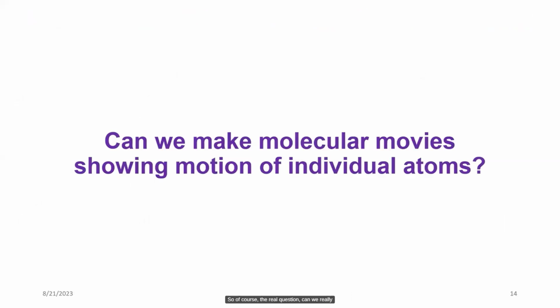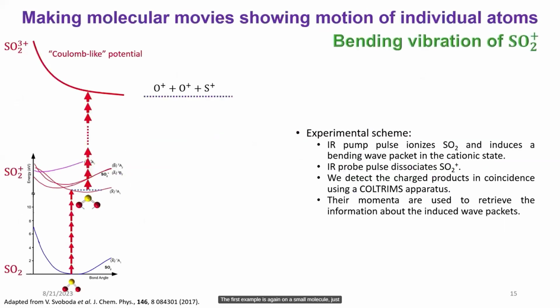Okay, so of course, the real question is, can we really make a molecular movie that shows the motion of the atoms within the molecules? And I will give you two examples. The first example is, again, on a small molecule, just a triatomic, sulfur dioxide. In this experiment, we start with the neutral sulfur dioxide, and then we use a pump pulse to ionize the neutral SO2 into its cationic state, SO2 plus.